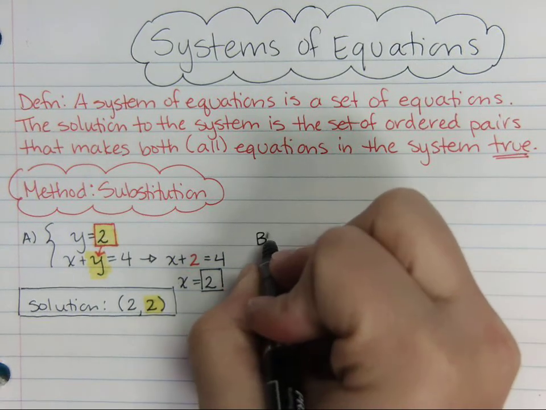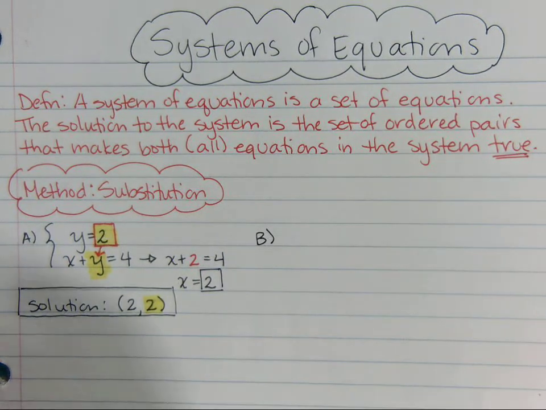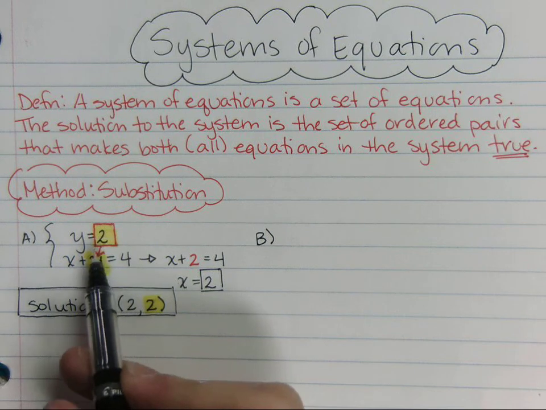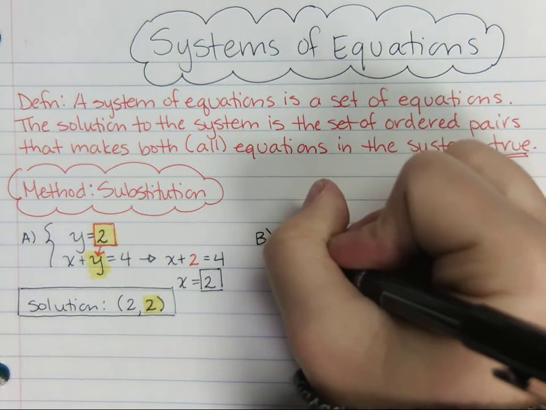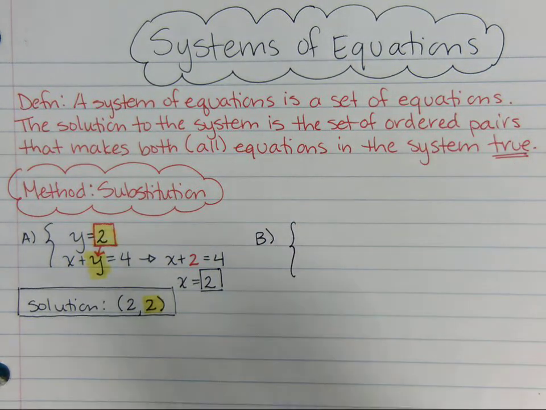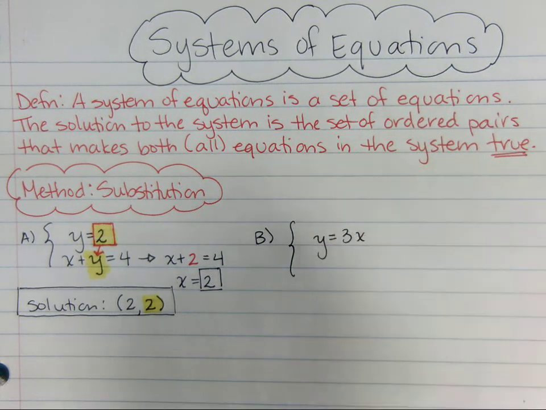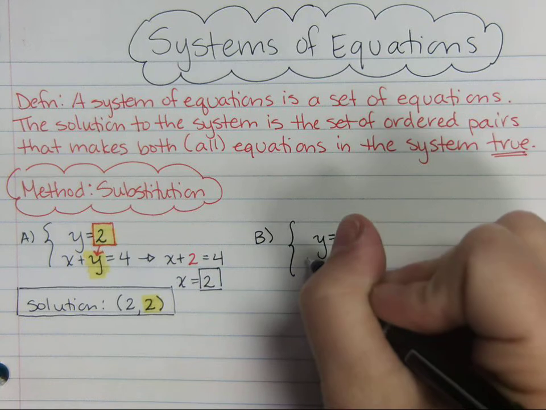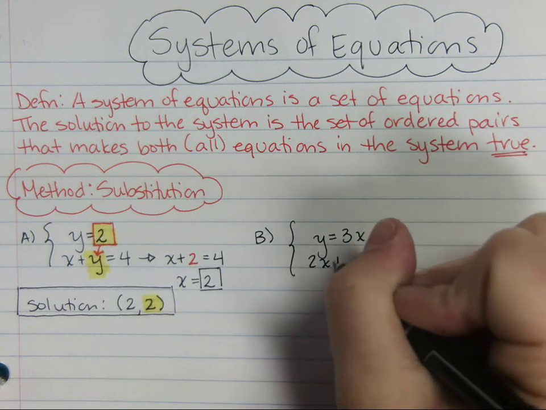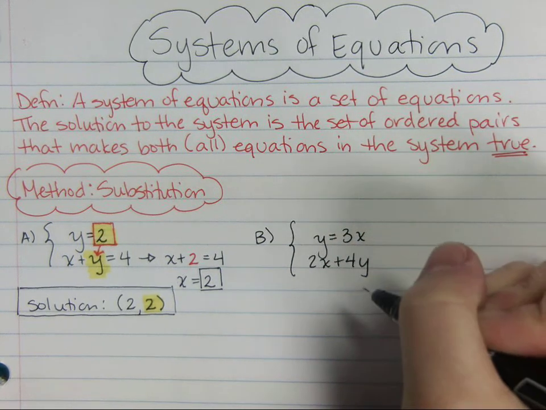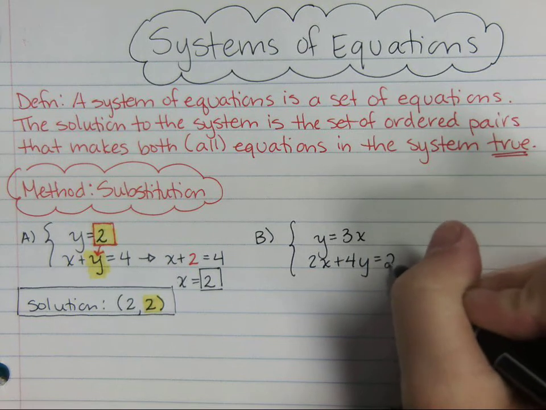So let's look at what happens when that is not just the number 2, but it's an expression. So let's look at the system. We have y equals now 3x. And then the other equation is going to be 2x plus 4y equals 28.